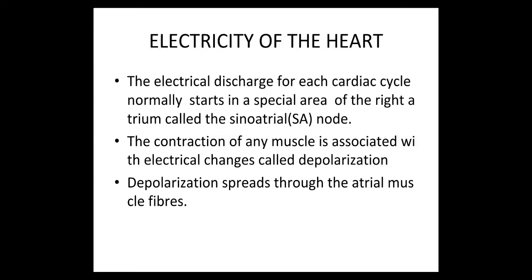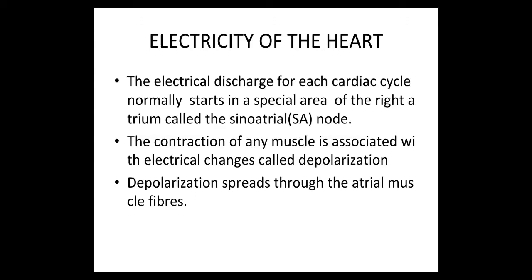Electricity of the heart. As I said before, the electrical discharge for each cardiac cycle normally starts in a special area of the right atrium called the sinoatrial or SA node. The contraction of any muscle is associated with electrical changes called depolarization.